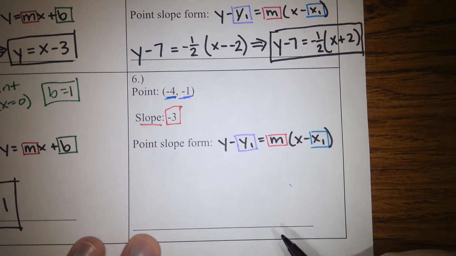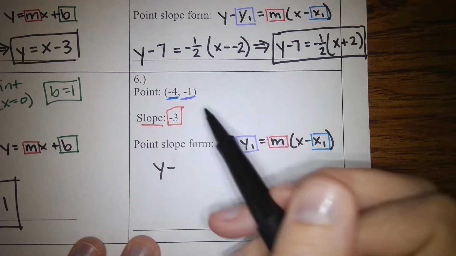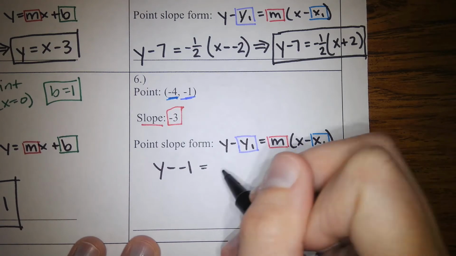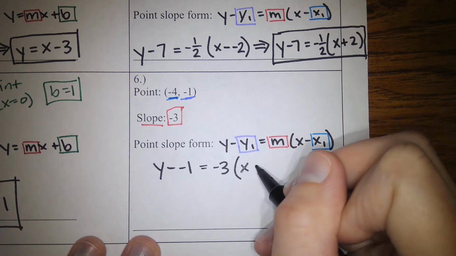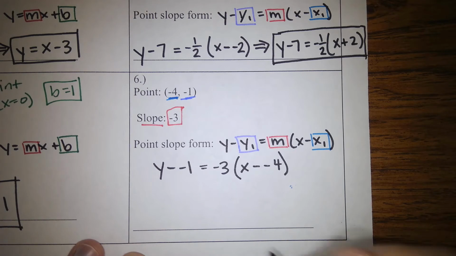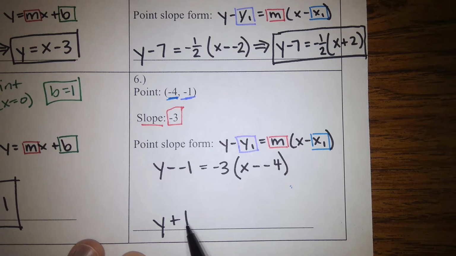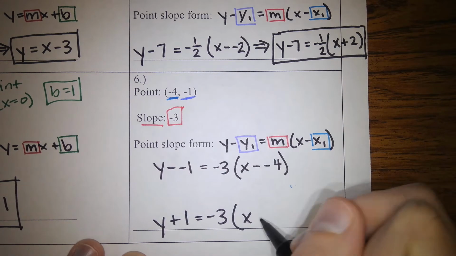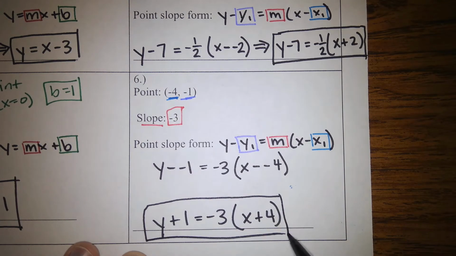So when we plug these into this lovely equation, we're going to say y minus my y sub 1, which is -1, equals slope, which is -3, times x minus x sub 1, which is -4. So when we write this as our final equation, we're going to say y plus 1, because 2 negatives make a positive, equals -3 times x plus 4. So our final answer will be right here.